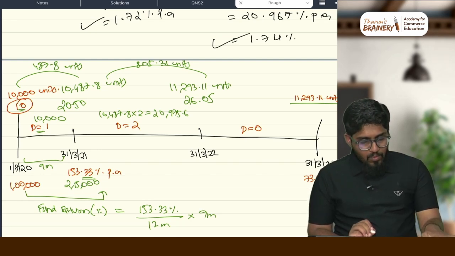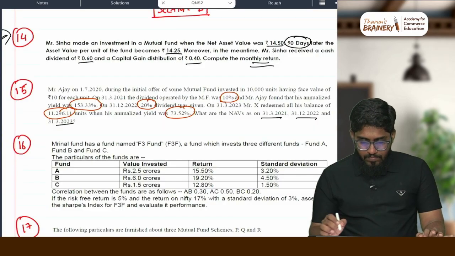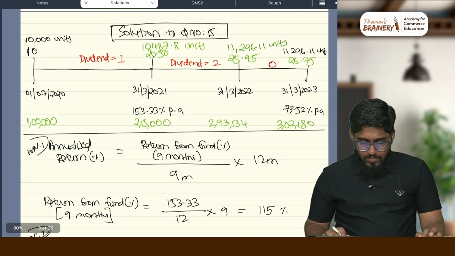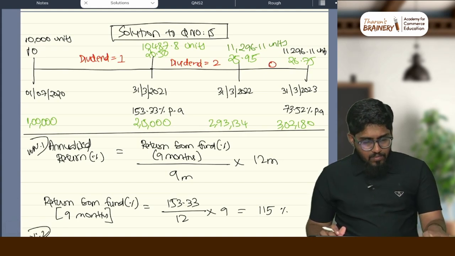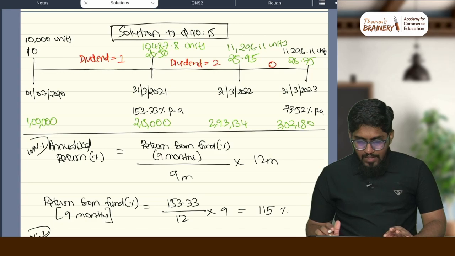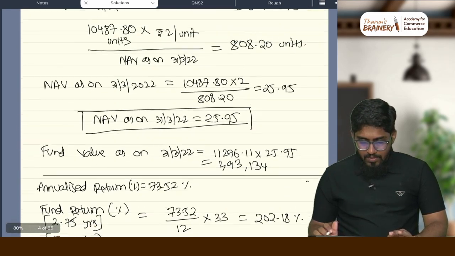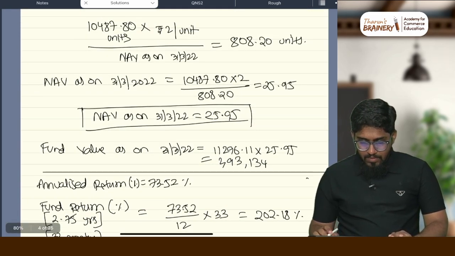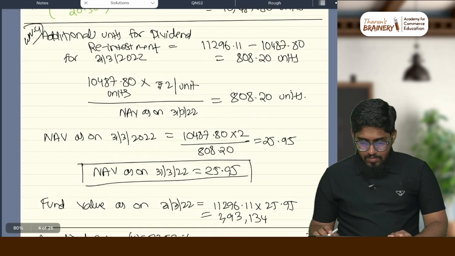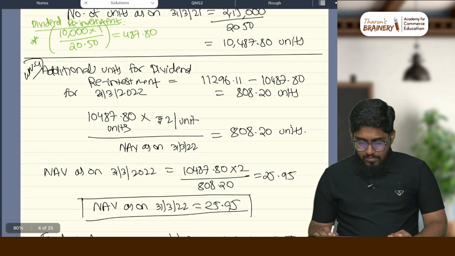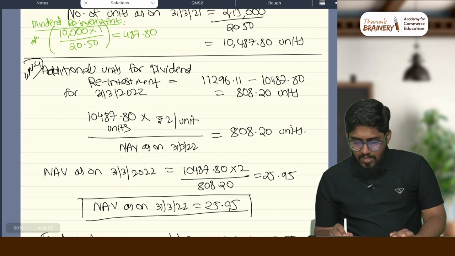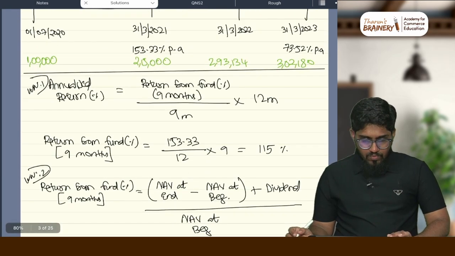11,296.11 minus 10,487.8. 808.31. 808.20.